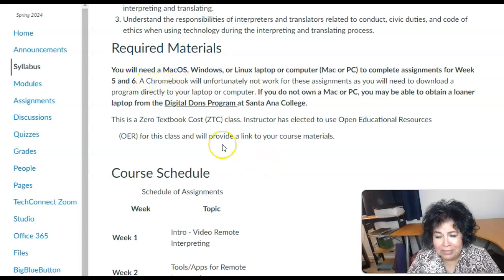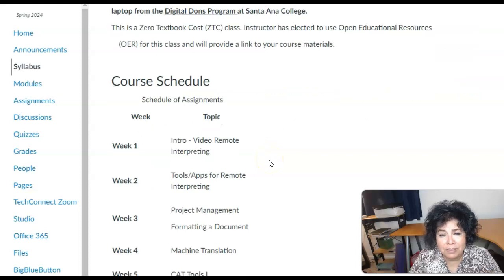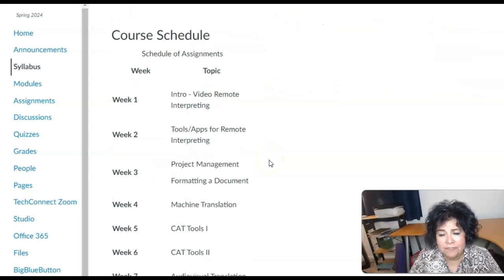You're going to be needing them. So if you have a Chromebook, it will not allow you to download a program directly to your laptop or computer. If you do not own a Mac or a PC, please go to the Digital Dawns, and there's the link there for you to go to Santa Ana College, and they would let you borrow a computer to meet the requirement for this course.